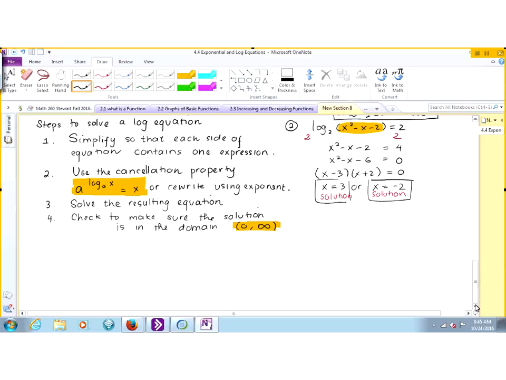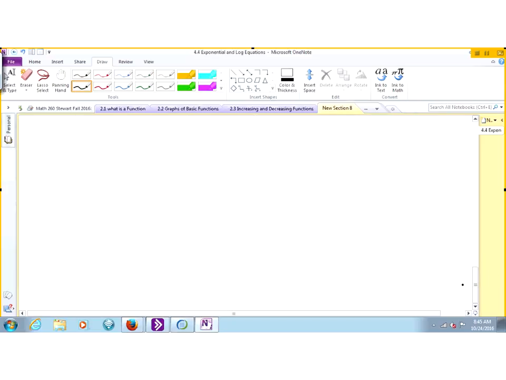Let's see. So number 3. Ready? Okay. Number 3 and number 4. What about if we have log base 5 of x plus 1 minus log base 5 of x minus 1 is equal to 2.